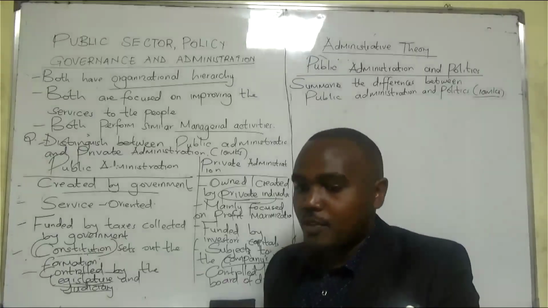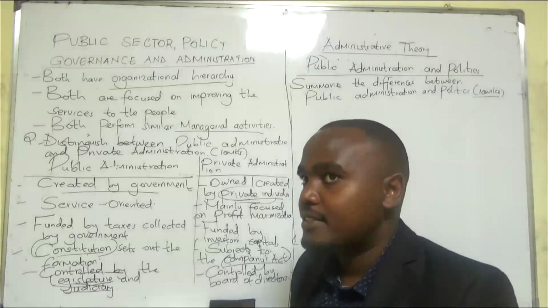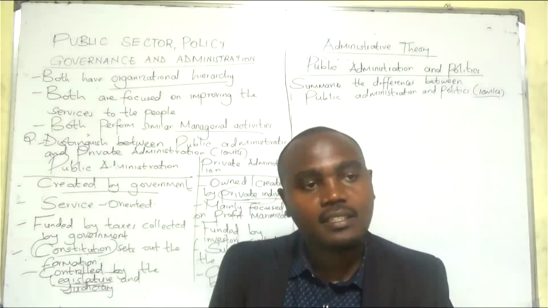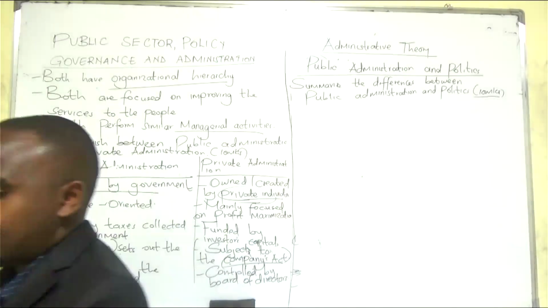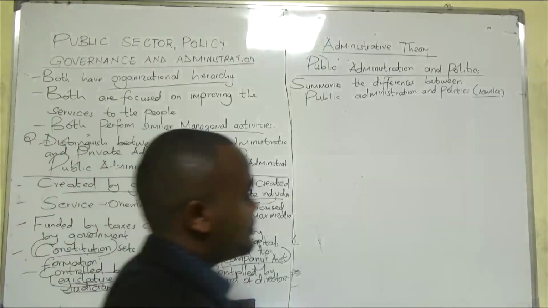What is the difference between persons in the civil service and the politicians? That is what we are being asked here. What is the distinction between persons that are serving in the civil service and the politicians? Tell us, what is the distinction? Okay, so let us still draw a table.